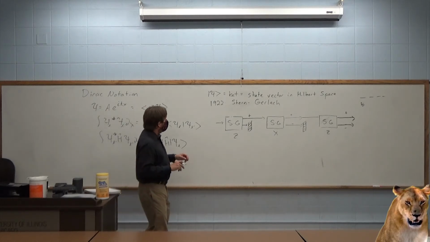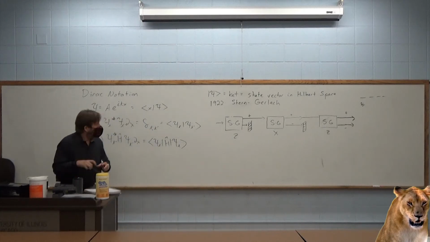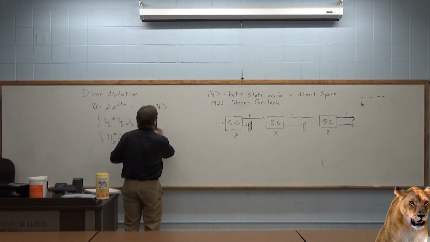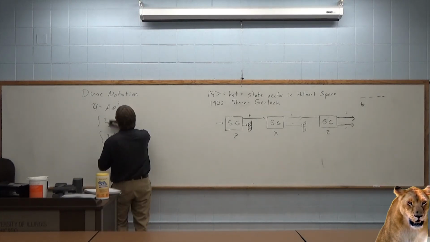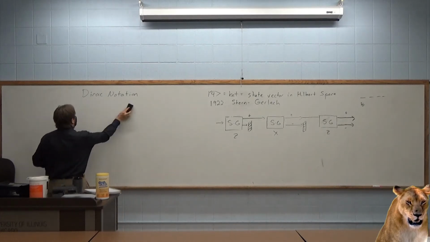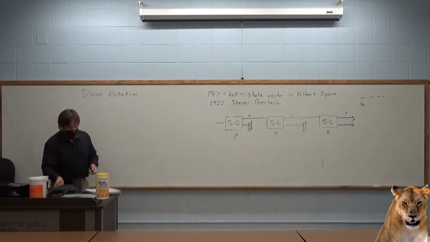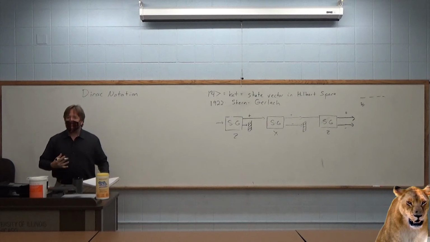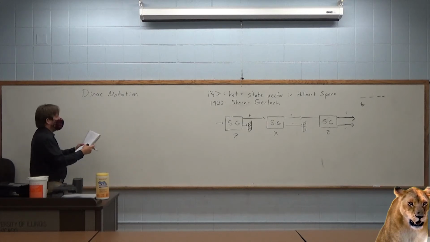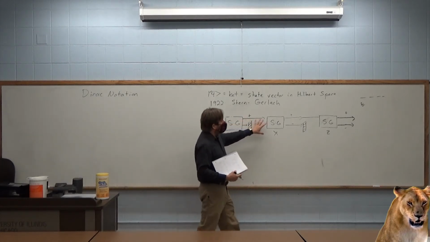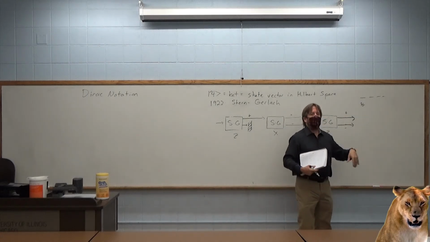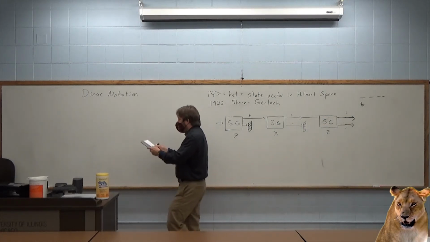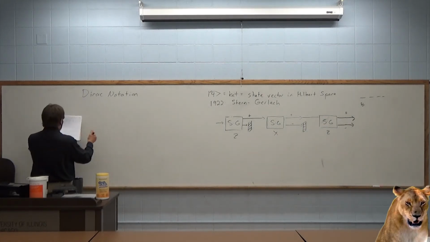Okay, so I'll leave that up there. So we've got to start getting our kets. And another thing about Dirac notation is it's like doing math problems. It's just best to practice. So we're going to set up a whole bunch of these and analyze them. And in the process, you're going to figure out what kets are.